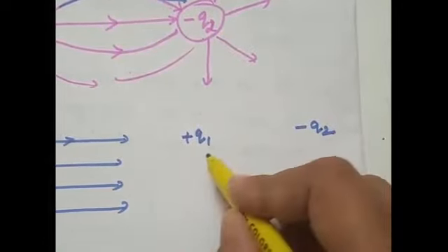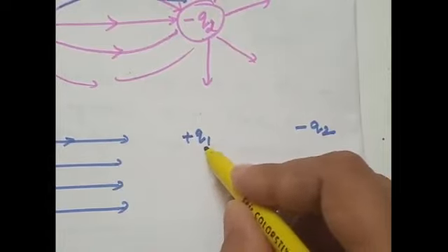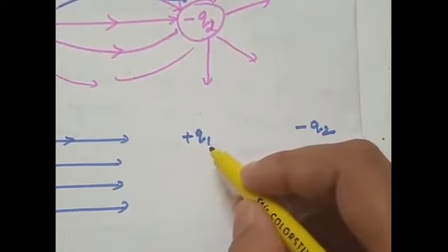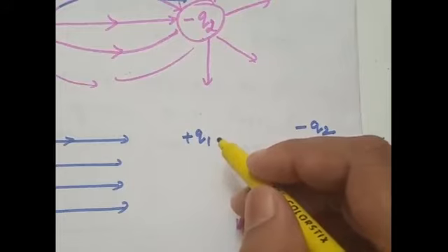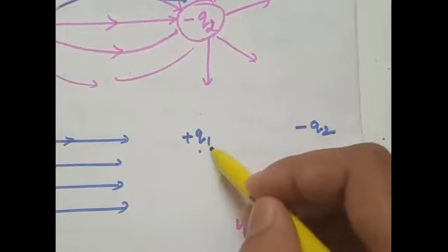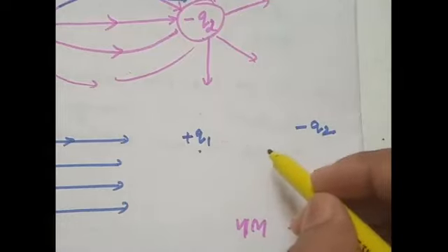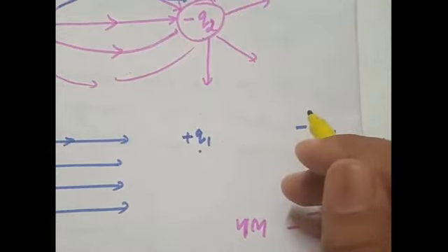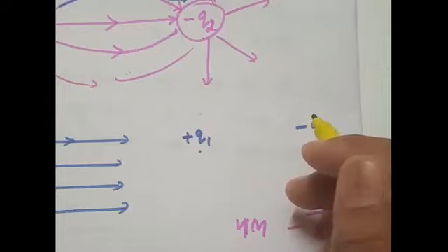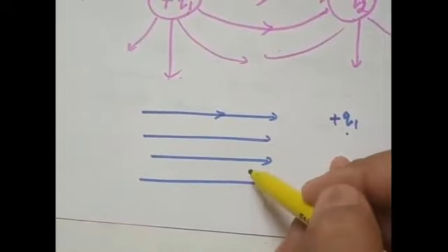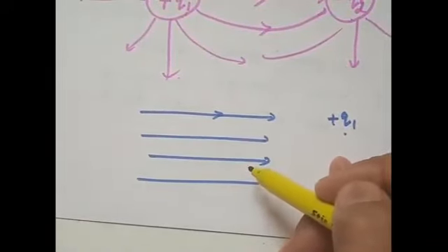When the Q1 charge is giving out electric field lines, and the field lines originating from Q1 reach Q2, and the distance is very large, then there is almost equal distance between the electric field lines. So at that time the electric field is uniform.